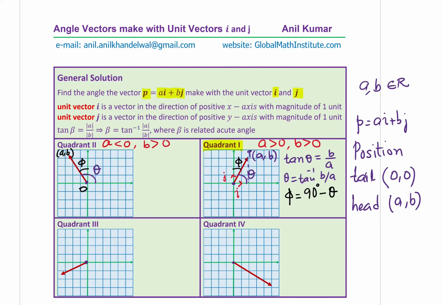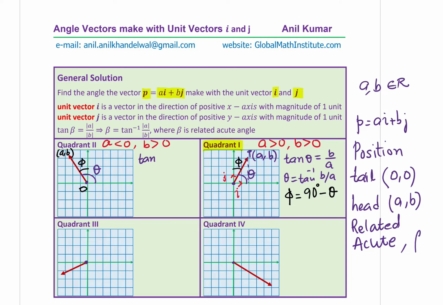Well, the process is going to be the same. We'll find the value of tan theta. So what is the value of tan theta in this case? Now, it is better to find the value of the acute angle. So what we are going to do is find the related acute angle, and then find the value of the angle with the x-axis and with the y-axis.